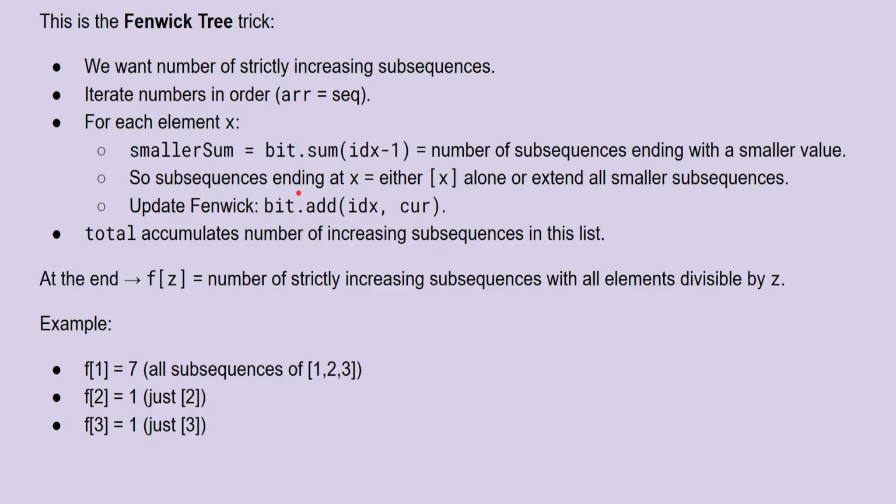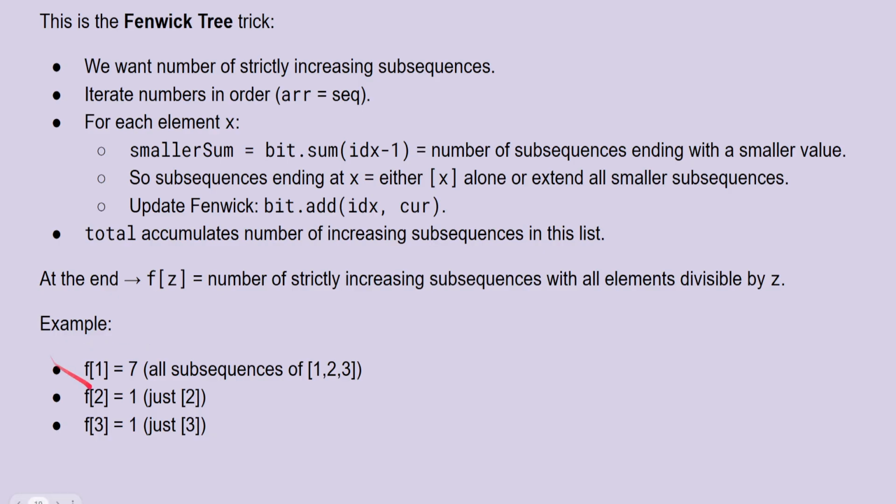Each sequence ending at x is either x alone, or we extend all the smaller subsequences. We'll keep updating the Fenwick tree and keep adding this value. So total will accumulate the number of increasing subsequences in the list, and at the end f of z is nothing but the number of strictly increasing subsequences with all elements divisible by z.